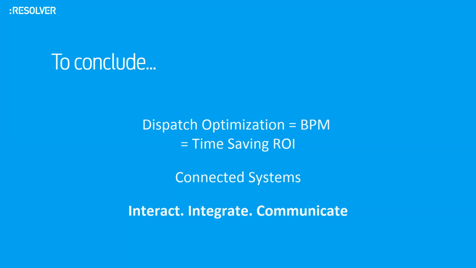We've always recognized that the entry of data is really the tough part of things like dispatch. When you connect it, automate it and integrate it, you can really do fabulous things a lot quicker, a lot better. So that concept of interact, integrate, communicate is what I want those three words to stick with you. And the idea of connected systems.